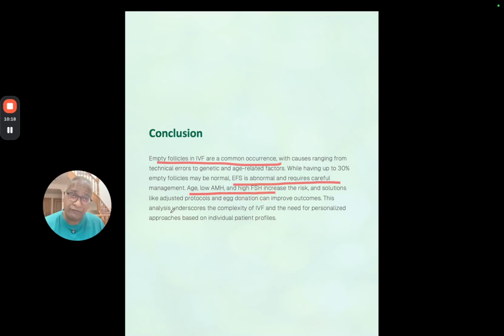On the other hand, you could see a fewer number of follicles, which is another risk. This analysis underscores the complexity of IVF and the need for a personalized approach, and what is the best option needs to be considered. So this is a short talk on empty follicle syndrome, something we see very often in terms of empty follicles, and finding the difference between empty follicles and empty follicle syndrome.